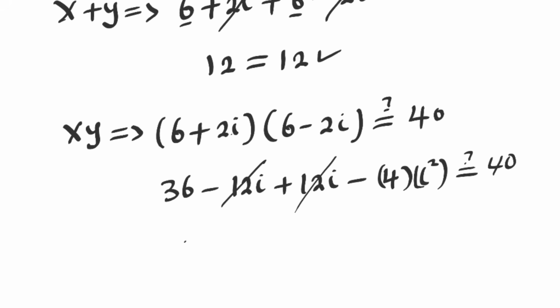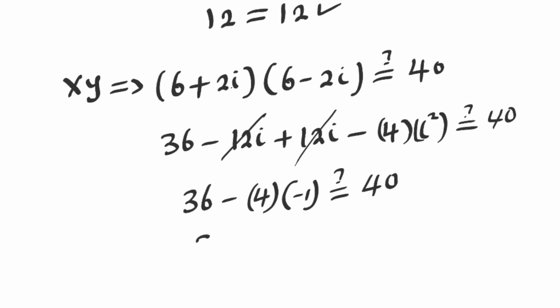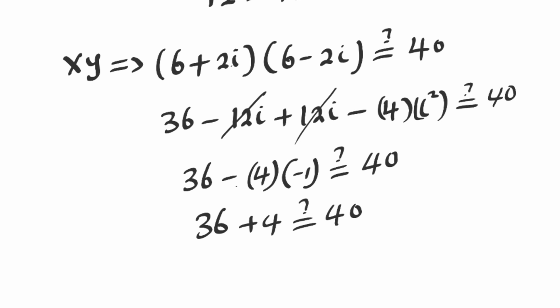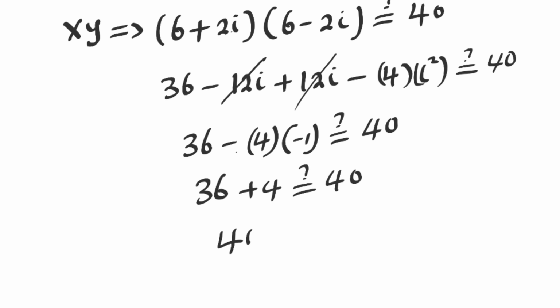This cancels this. We have 36 minus 4 multiplied by i square, which is equal to minus 1, must be equal to 40. This is 36 minus 4 multiplied by minus 1, that is plus 4, must be equal to 40. 36 plus 4, this is 40, is equal to 40, which is true.